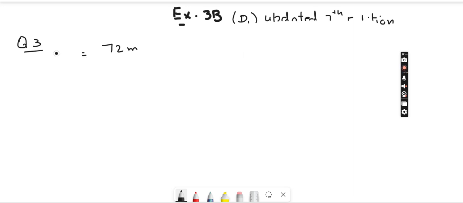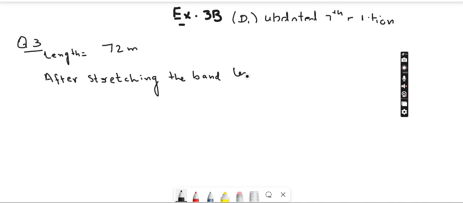So the elastic band length is this one initially, and after stretching, the band length becomes 90, and you have to calculate the percentage increase in the length.